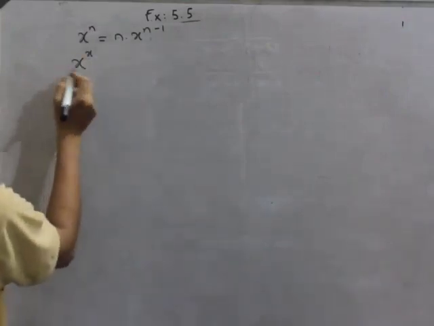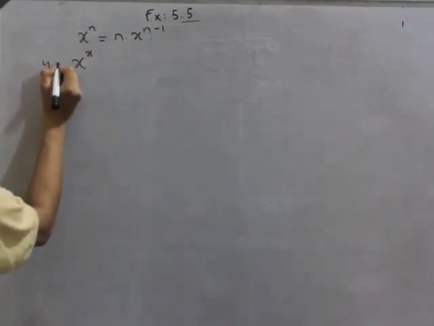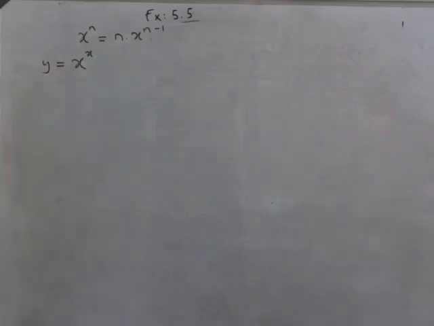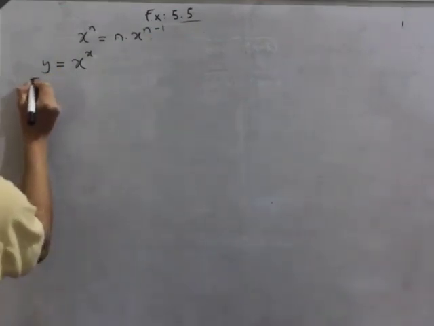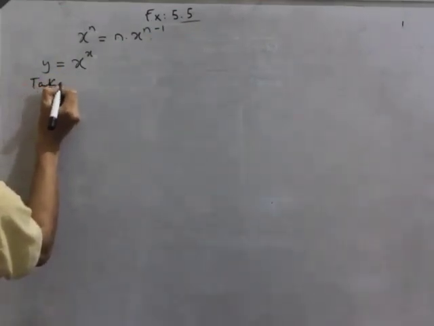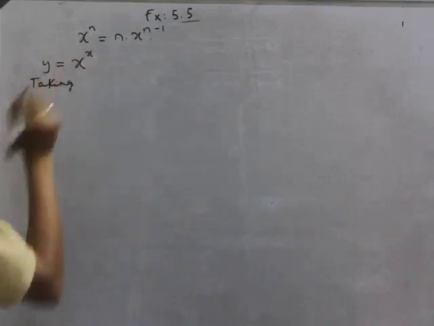First, we will consider y is equal to x to the power of x. As usual, because we don't have any formula, if it were x to the power of n, I would have written n into x raised to n minus 1.